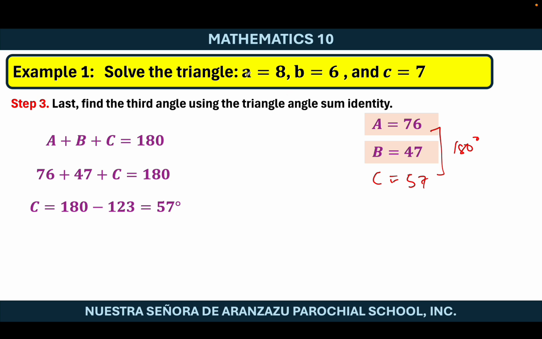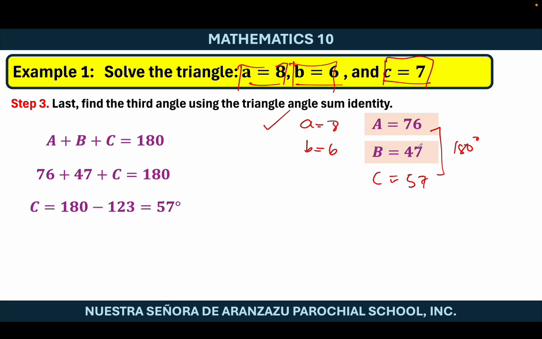Now, look at the relationship of each side to the angle. Dapat, yung pinakamalaki sa side, yun din yung may pinakamataas na value sa angle. So, si side A is 8. Tama naman, siya yung pinakamalaki sa among the three. Then, si side B is 6, which is the smallest one.